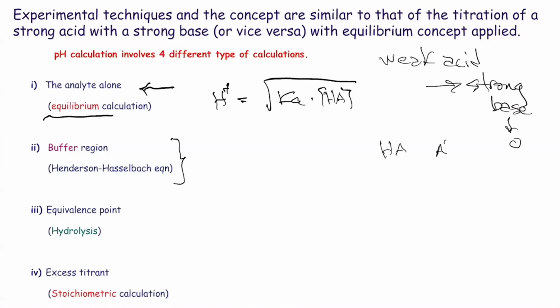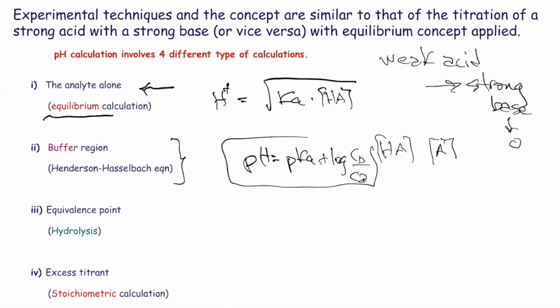If you know these concentrations, then you can just use the Henderson-Hasselbalch equation. That's going to be in the region where you've got both the acid and its conjugate present, and that's a very big region in the titration curve.